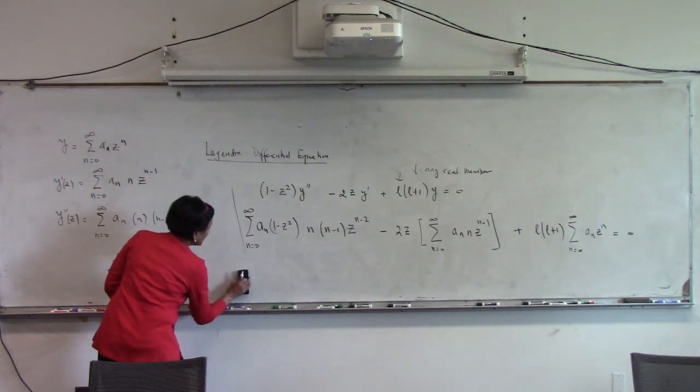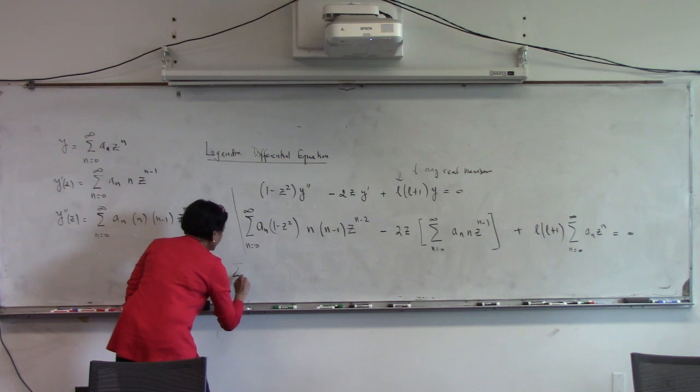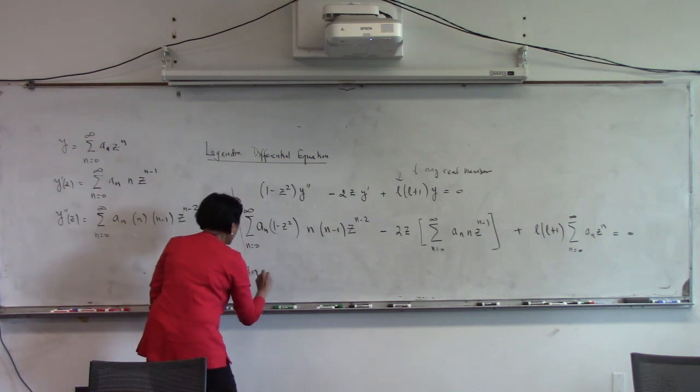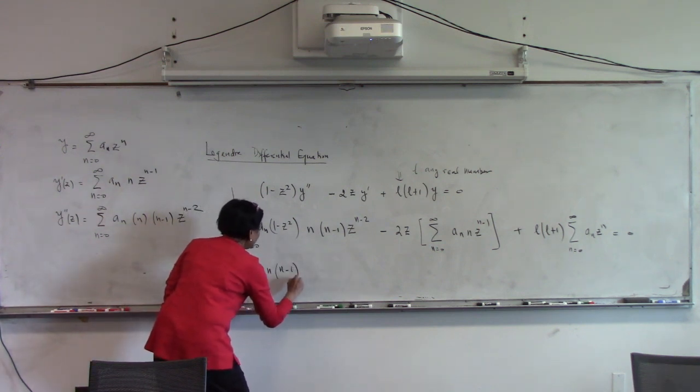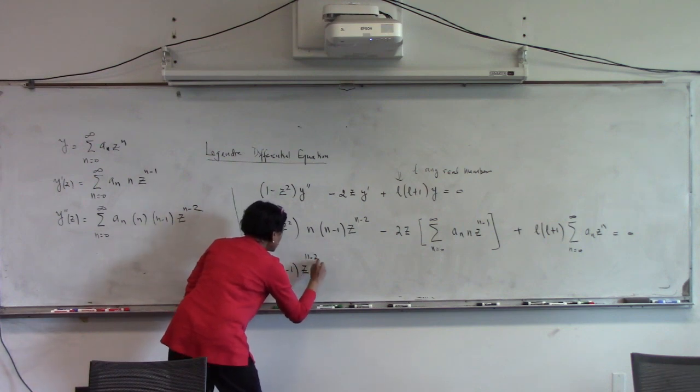All right, so here we got two terms. So we can write this as what? Summation a sub n. The first term is n times n minus 1, z to the power n minus 2.